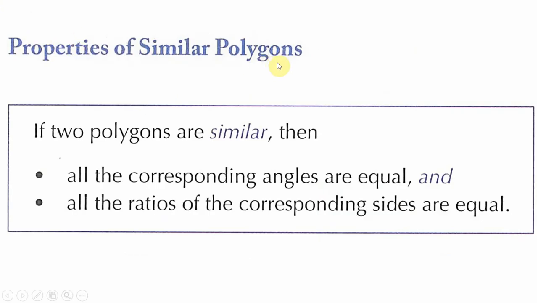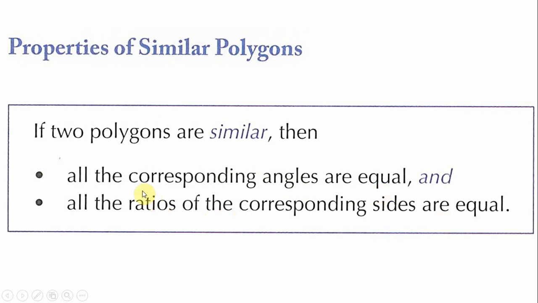Properties of similar polygons. Polygons are shapes with three or more sides, for example triangle, quadrilateral, pentagon, hexagon, etc. If two polygons are similar, then all the corresponding angles are equal and the ratios of corresponding sides are equal.